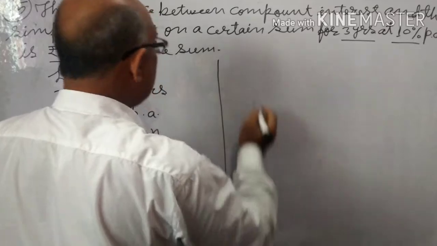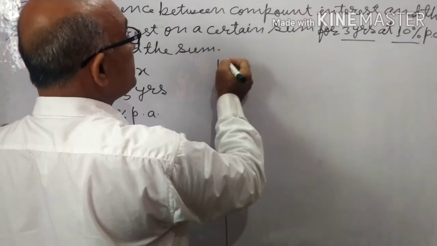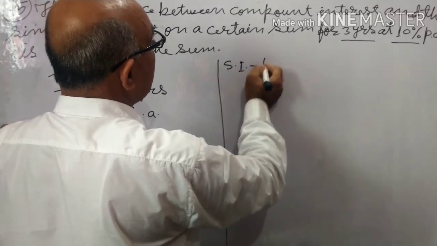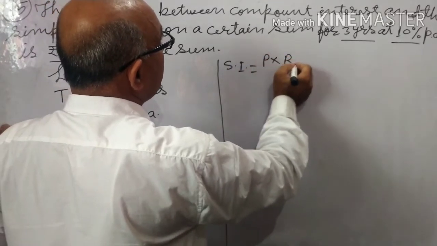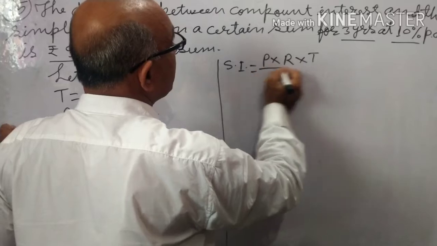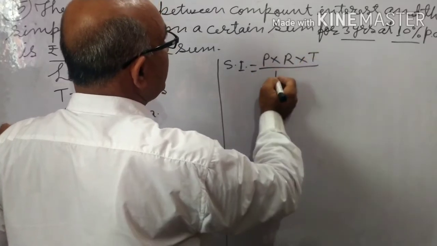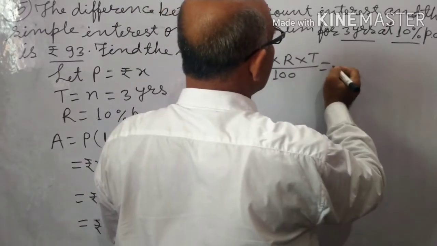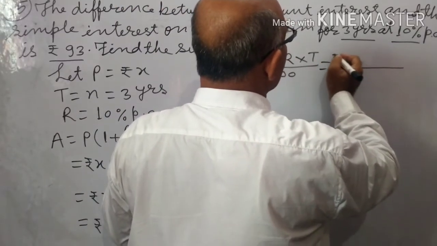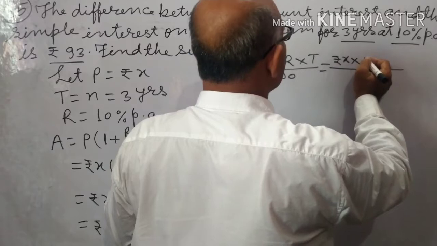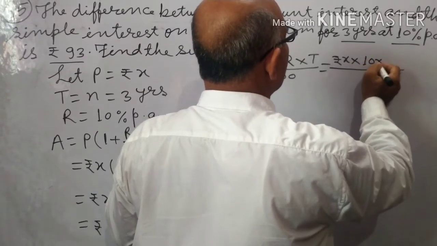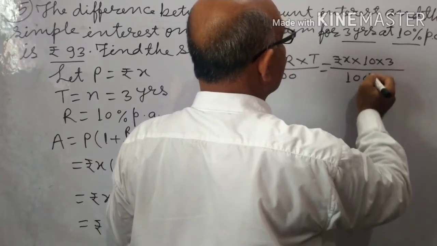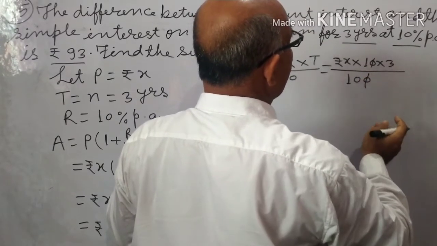Now find simple interest. SI equal to P into R into T by 100 equal to rupees X into 10 into 3 by 100. 10 and 10 cancel.